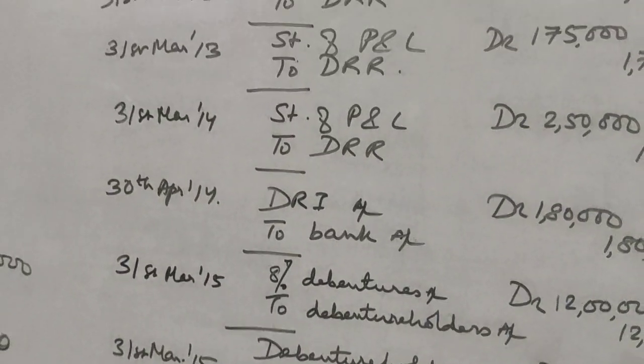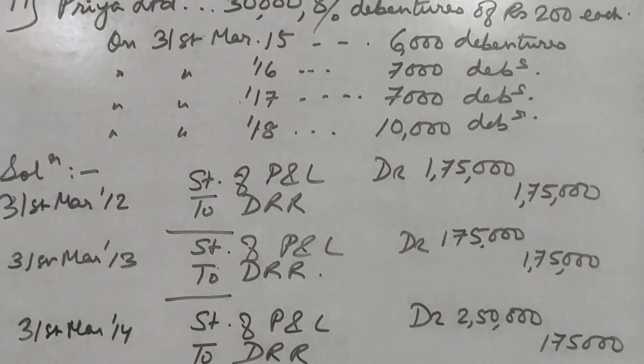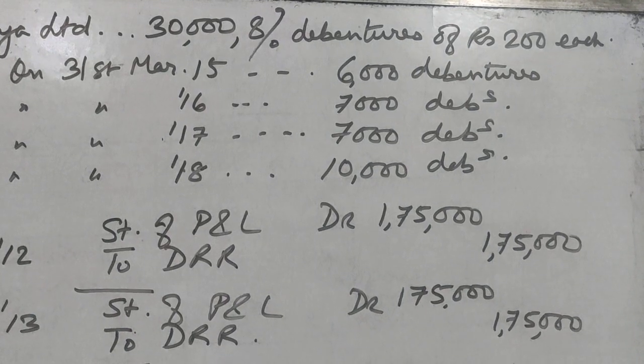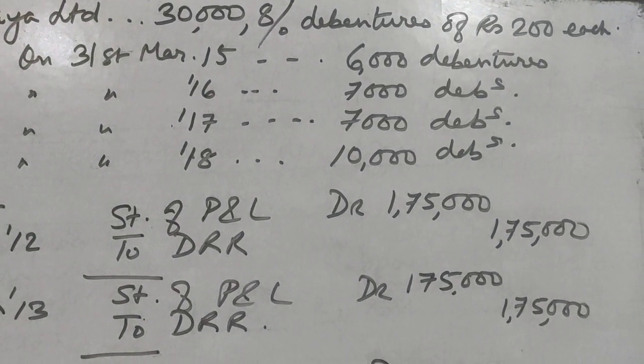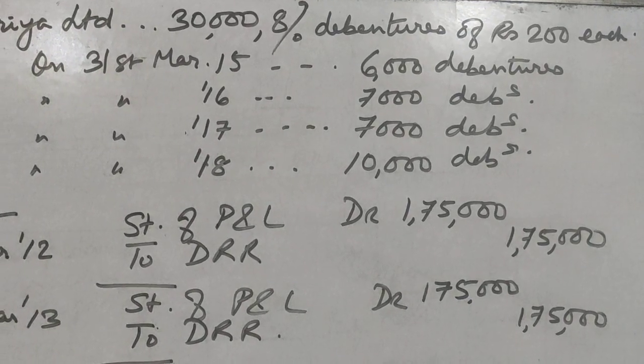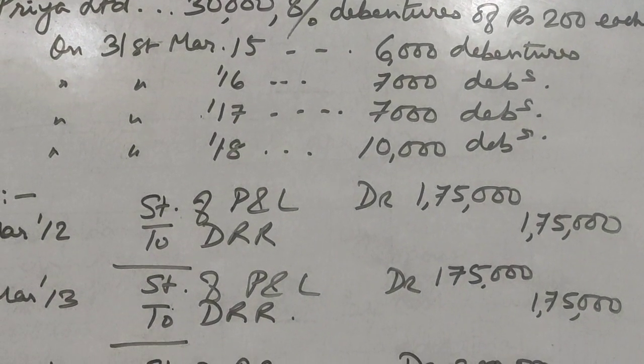Then on 31st March 2016, we have to redeem 7,000 debentures. That means of the face value of 7,000 into 200, that is 14 lakh.